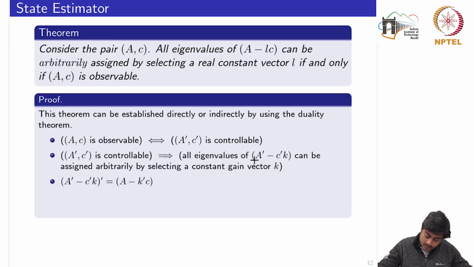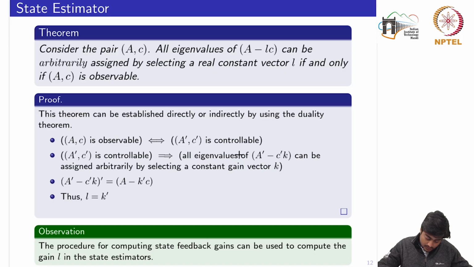Now if I take the transpose of this matrix, I will get A minus K transpose C. You will notice that A minus LC is equivalent to A minus K transpose C if L is equal to K transpose. And K we know already, we have designed using the state feedback design procedure.